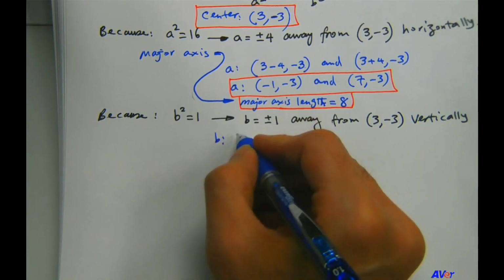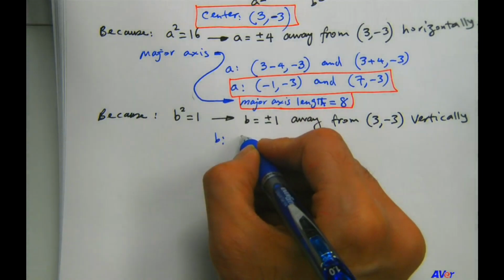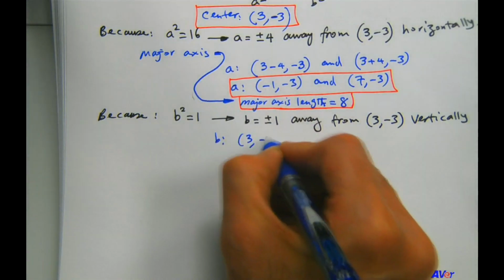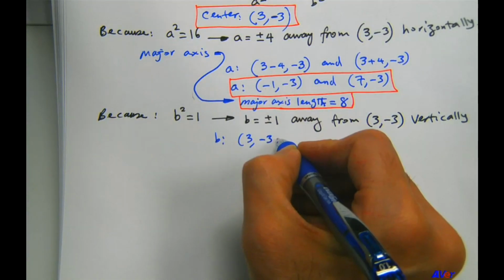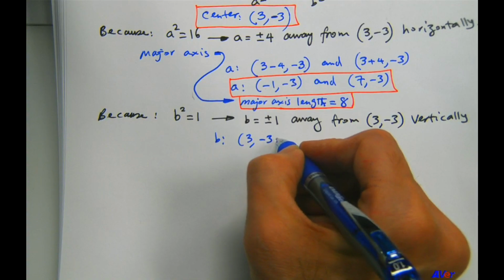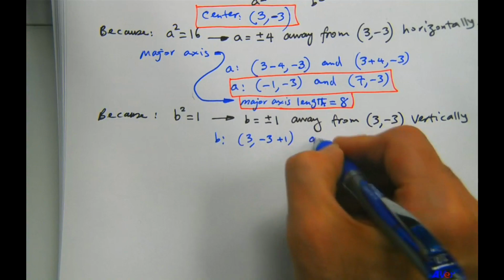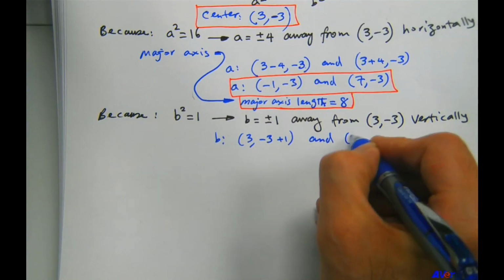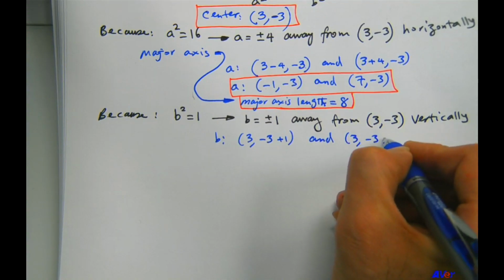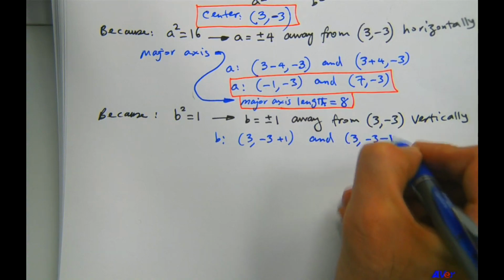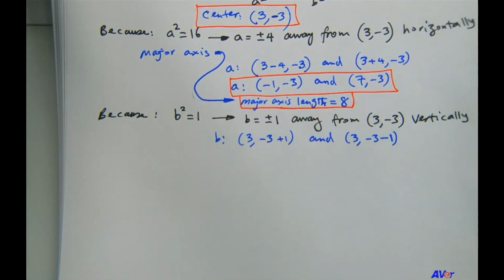So B would be equal to 3 comma negative 3 plus 1 and plus 1 and negative 3 minus 1, right? Plus or minus 1.